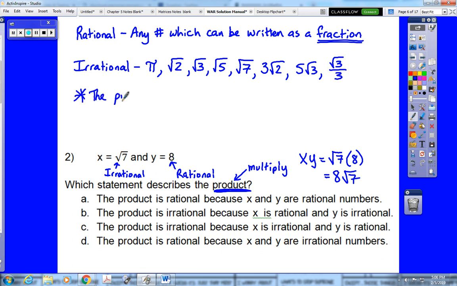The product of two rationals is always rational.